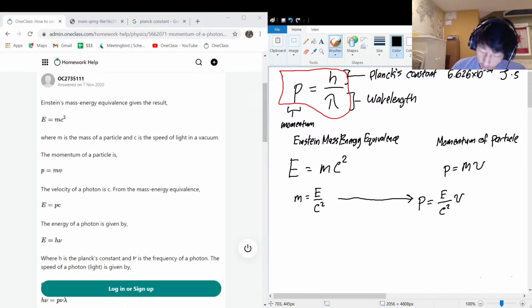But since v is equal to c, we can simplify this. So we will just have E over c. Okay.